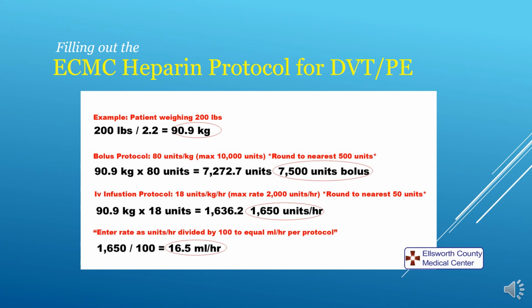Enter the rate as units per hour divided by 100 to equal milliliters per hour per protocol. So 1,650 divided by 100 equals 16.5 milliliters an hour. Finally, we will enter the circled results onto the protocol sheet.